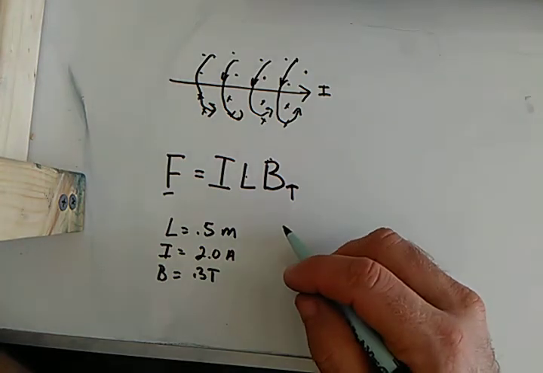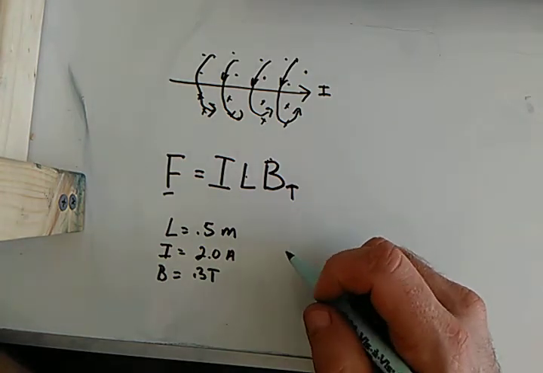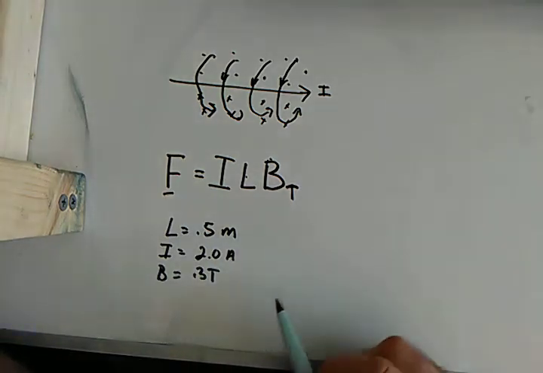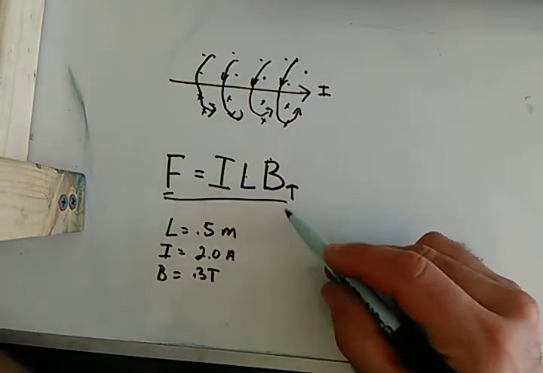It wants to know what is the magnitude of the magnetic force acting on the wire. All we would do is just apply this formula.